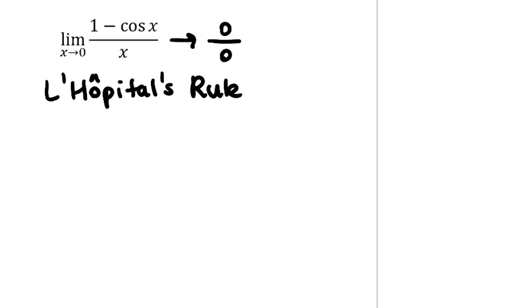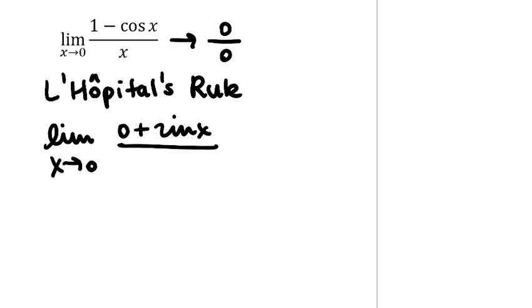This time I use the macron. I'm going to take the derivative of the top and the derivative of the bottom. I'm not going to use the quotient rule. So that's 0 minus negative sine, so that's plus sine x over 1. The sine of 0 is 0 over 1, and that one's 0.